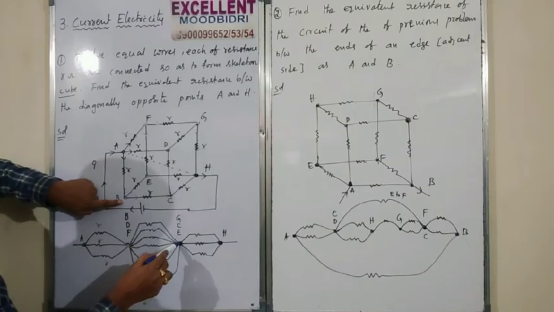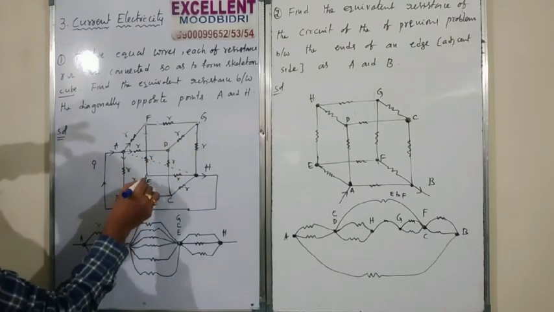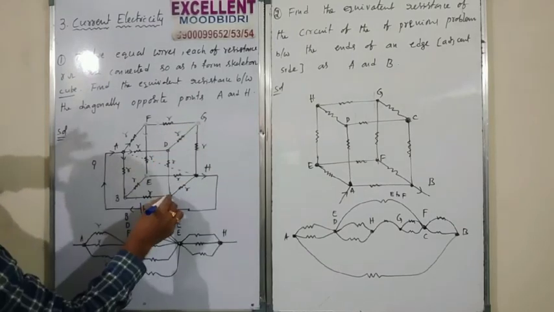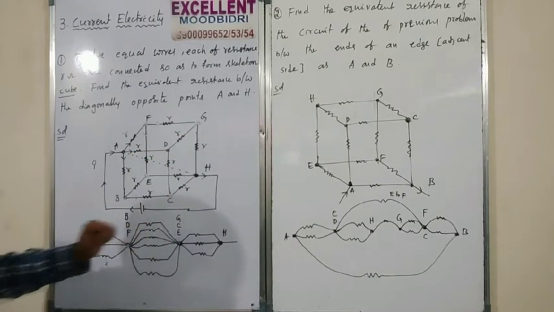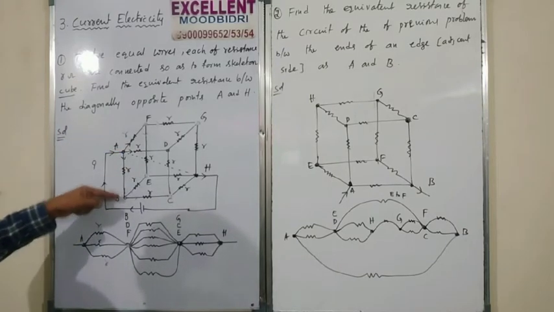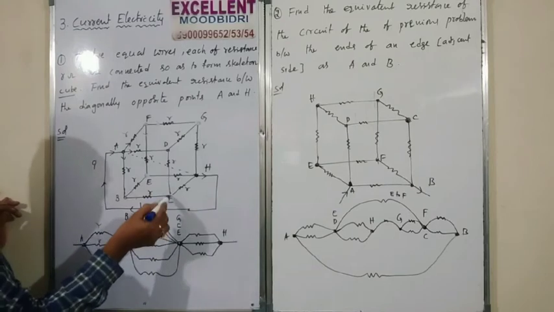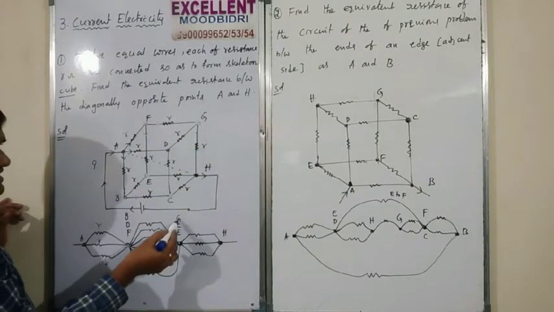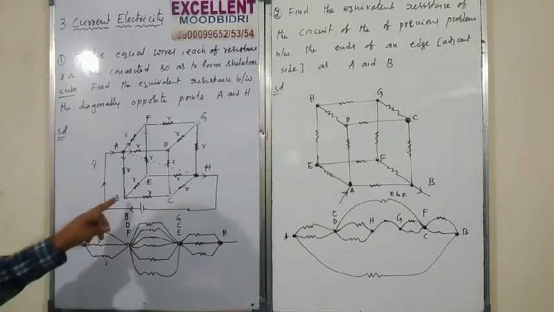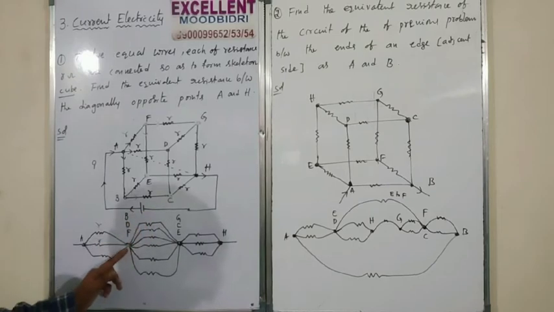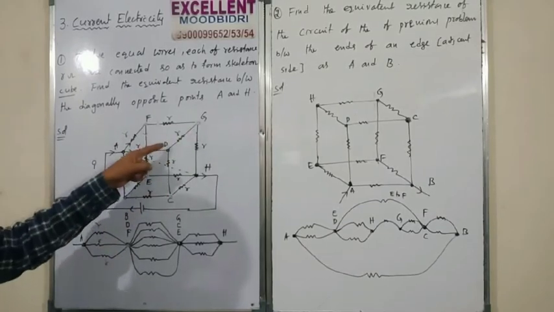Here I will consider the points E, C and G. E, G and C have the same potential. So F to G is over, F to E is over. Next B to E, B to C. Two resistors from each of the three points: 1, 2; 1, 2; 1, 2. Total 6 will be there.